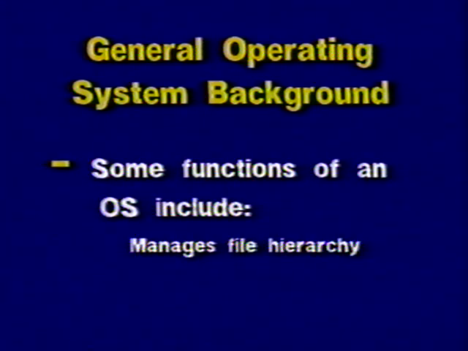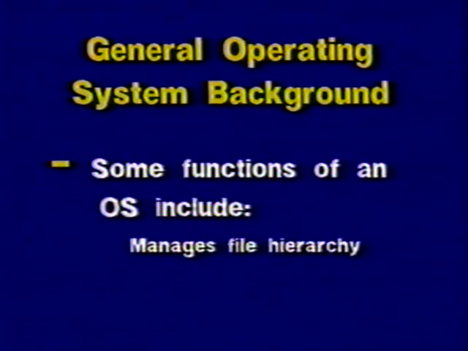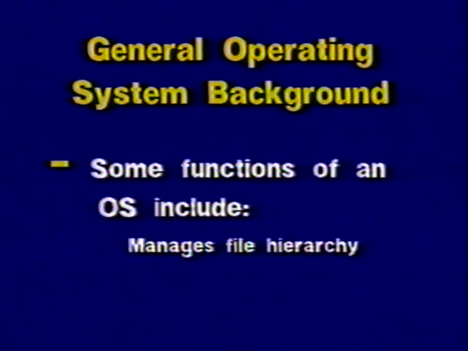A directory contains either other directories or files. So if you think of the file system in a computer as starting at the top, which would be called the root directory, inside the root directory you have various other directories. They can be called anything you'd like to call them. You can also have just typical files inside the root directory.